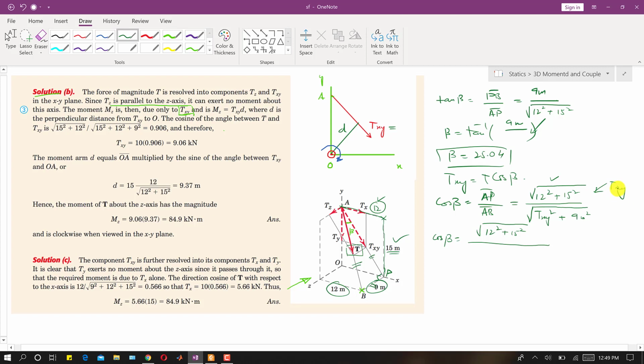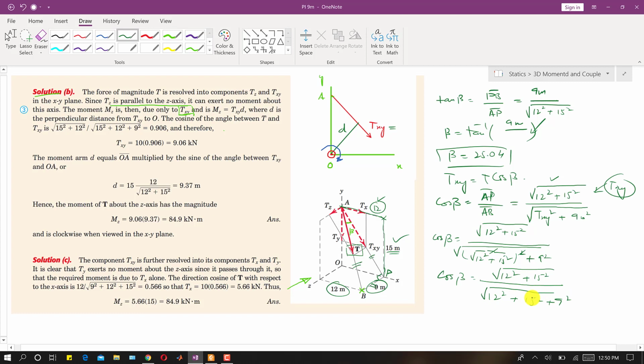Remember, this is Txy. So we can write 12 square plus 15 square under the root and square, right? So this will be cancelled. So we will only be left with 12 square plus 15 square plus 9 square under the root, right? So cos of beta is equal to 12 square plus 15 square under the root, and this will be 12 square plus 15 square plus 9 square under the root, right?